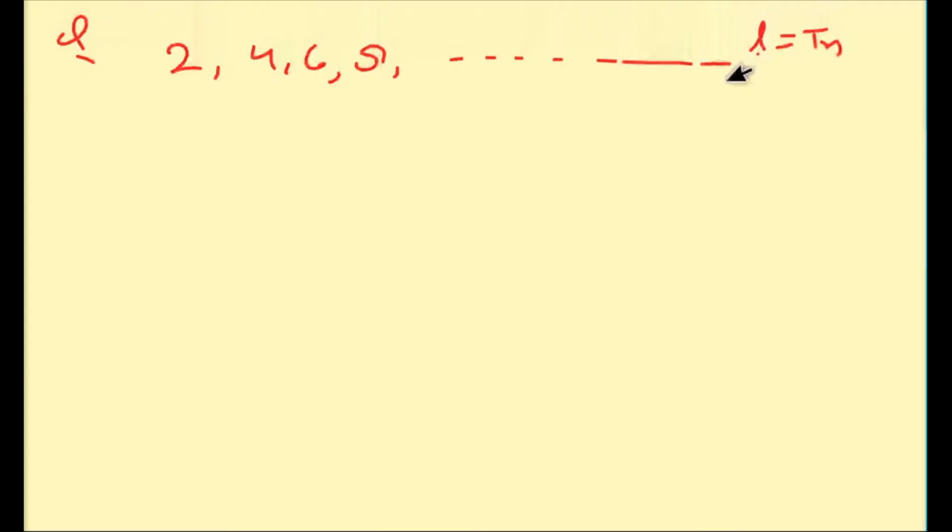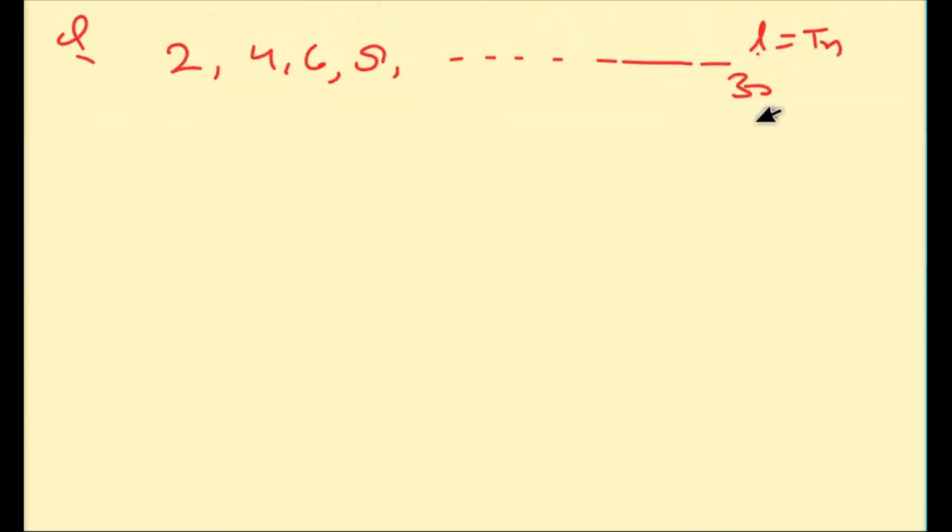Okay, student. Again we are looking at 2, 4, 6, 8 and so on. Next is the last term, that is the Tn term. Let it be 30. If it is the last term, then what is the previous term? Earlier we were adding 2, so now we can subtract.